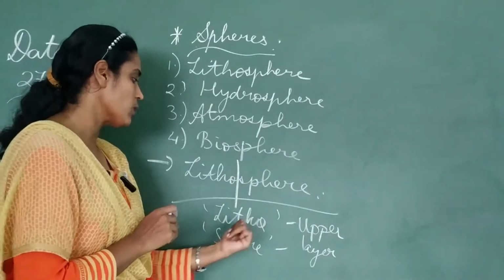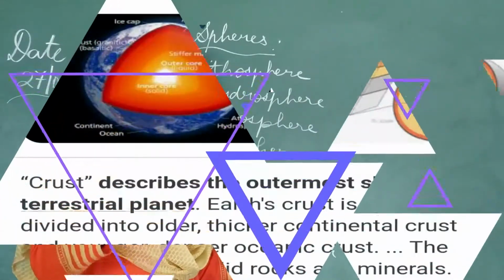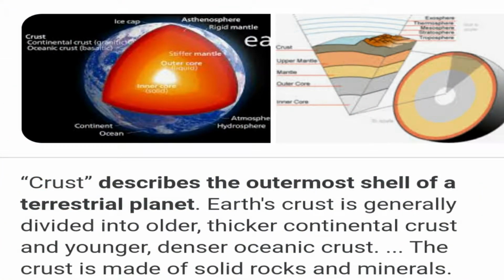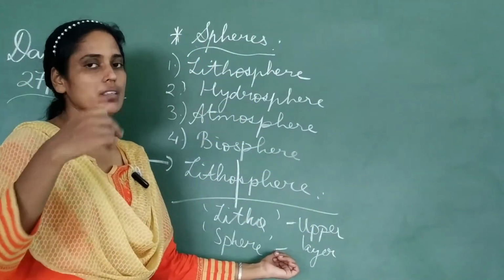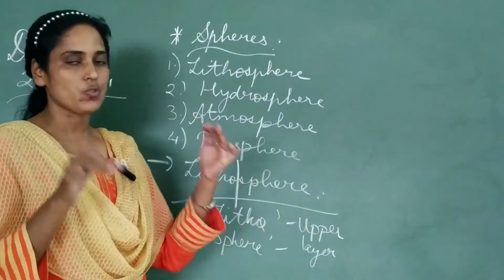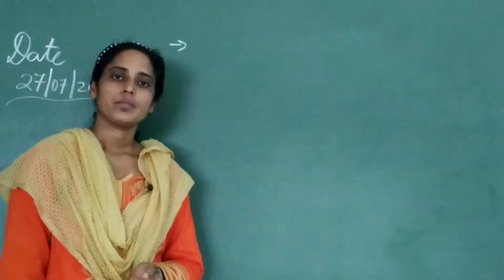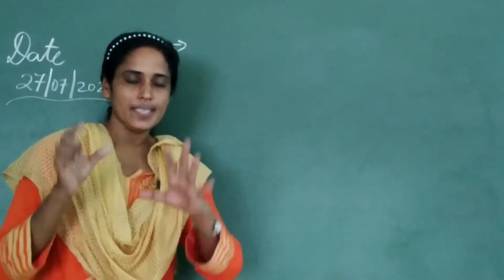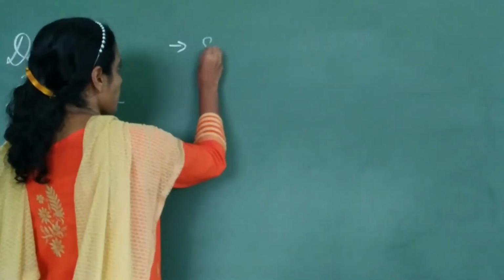The first one is lithosphere, the upper layer that is very strong, very tough, on which we are actually living. Sphere means a shape, just like an oval, just like an orange. So lithosphere means the part of earth, the land, on which we are living. Now students, as you already know, it is made of hard or tough matter. So we can classify this as which matter?